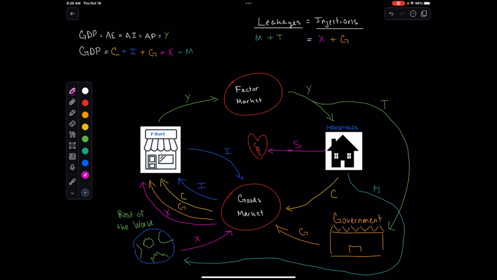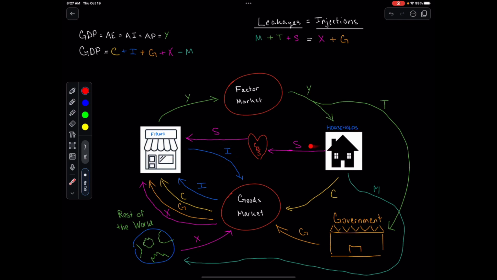This is a further economics lesson that I won't touch too much on, but what the firms can do is take these savings, S for savings, and use them in the loanable funds market. But what you need to know is first, another example of a leakage would be savings, S. Consequently, the related injection would be investment.